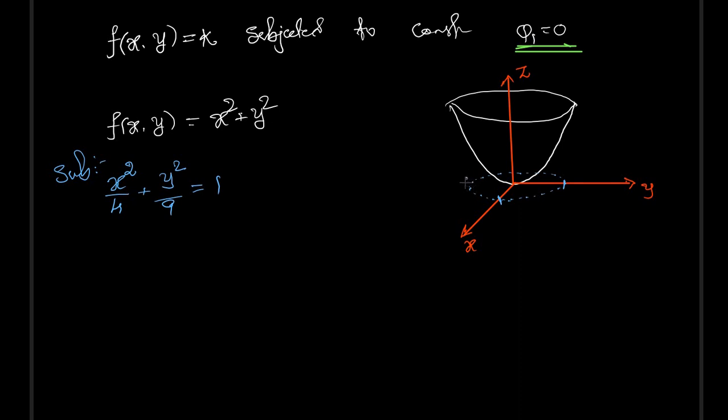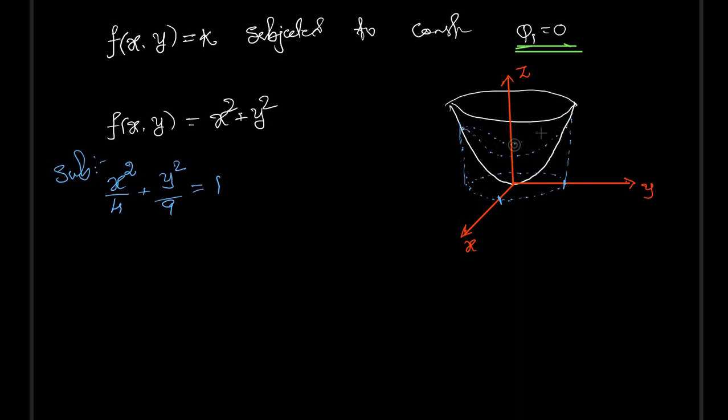Now you are going to intersect this ellipse with this paraboloid. When you intersect, what is the exact intersection? It's a kind of Aravanki shape.